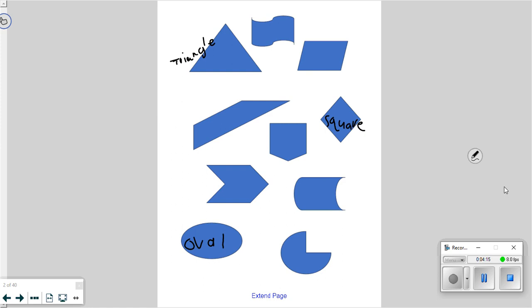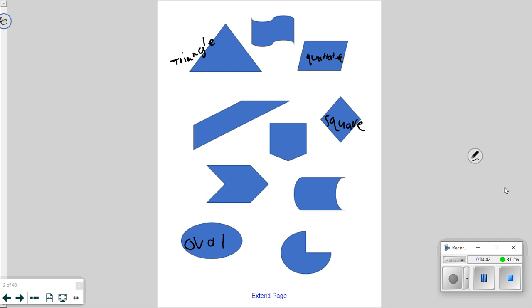I forgot. Quadrilateral? Very close. You're missing a syllable. You just have quadrilateral, you're missing the real part. But yeah, I'll take that.